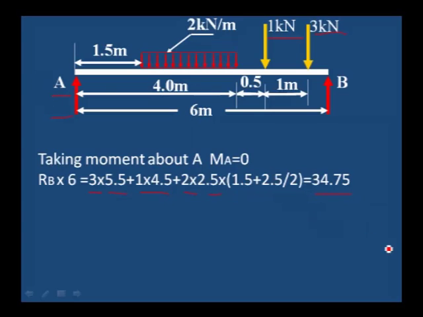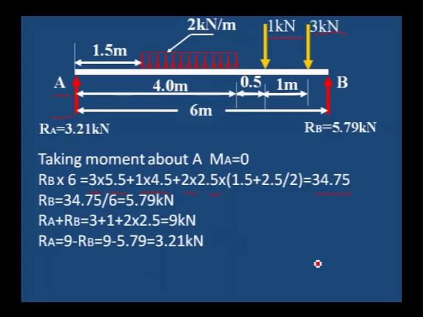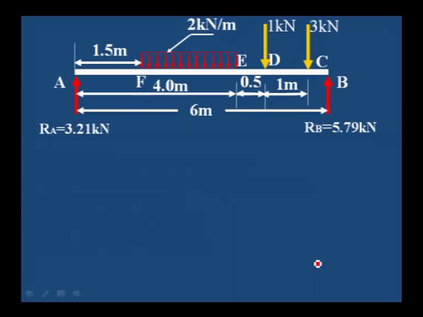Then we will get the RB value as 5.79, and then RA plus RB must be equal to the total load. Total load is 3 kilonewton plus 1 kilonewton plus 2 into 2.5 distance it is acting, 9 kilonewton. These are the RA and RB values.